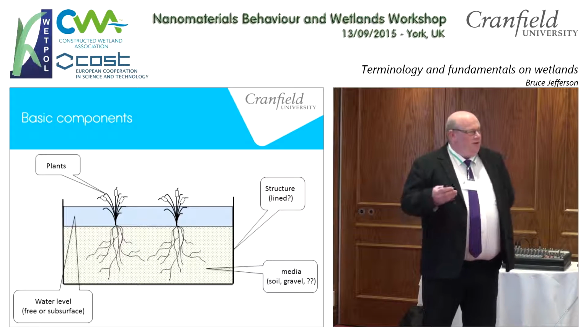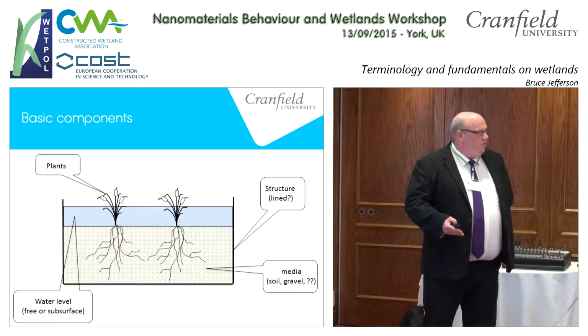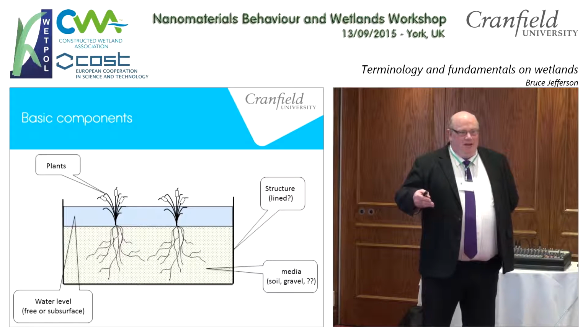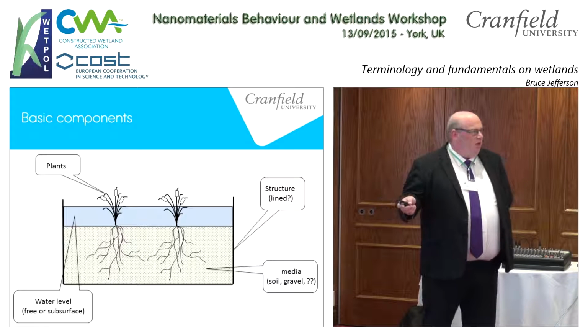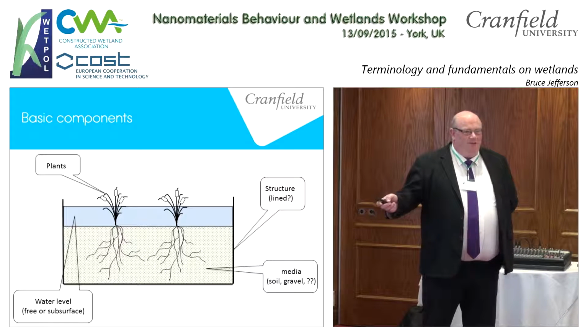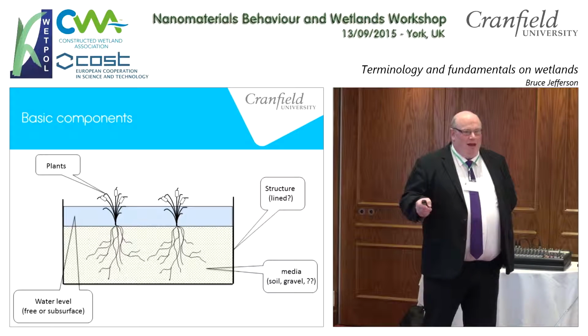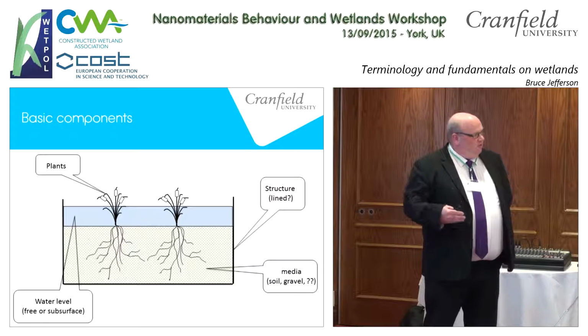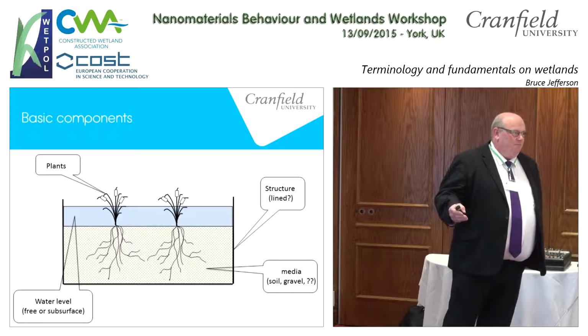And then I've got a water level, either below or at the level of the material or above it, and so there are relatively different flow patterns that could occur in the different types of systems. Now I would argue, if I think about all of those four things, I can describe all wetlands, and understand how things might happen in those wetlands, because it's the relative significance of those four components that influences what happens.